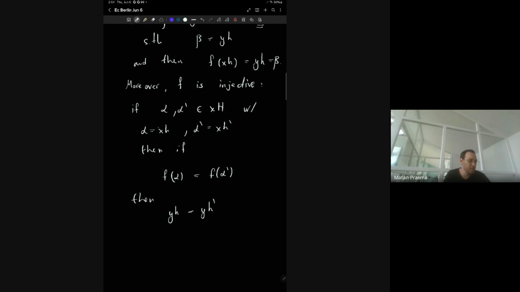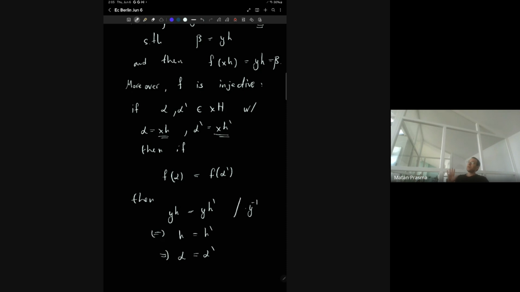Because alpha is xh, so f maps xh to yh, and alpha prime is xh prime, so f maps alpha prime into yh prime. If these two are equal, then yh equals yh prime. But then I multiply this equation on the left by y inverse. I get that h is equal to h prime, and therefore alpha is equal to alpha prime, because the representation is unique.